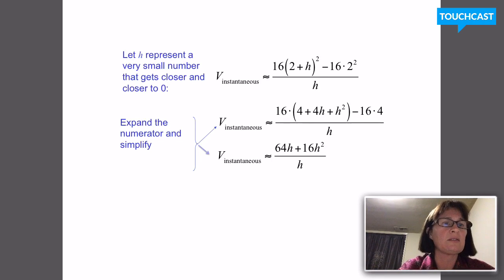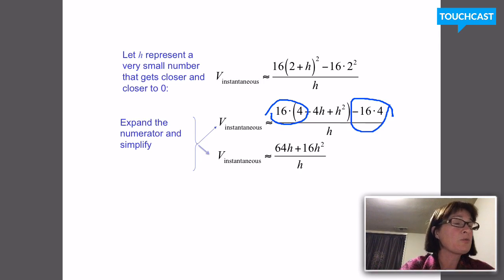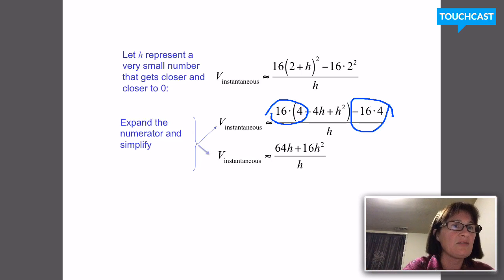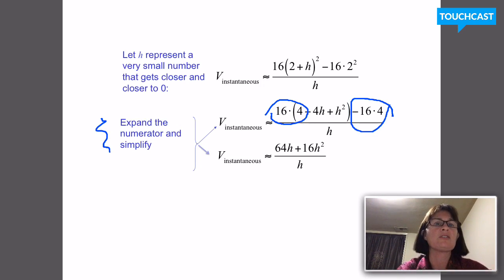Notice 16 times 4 makes 64, and at the end, I'm subtracting 64, so those 64s cancel out. I end up with 64h plus 16h squared all over h. So you can see there's just some suggestions here. That's expanding the numerator using algebra and simplifying, canceling out those 64s.